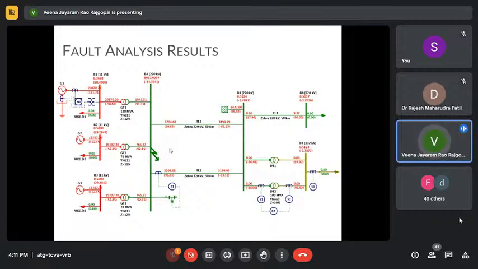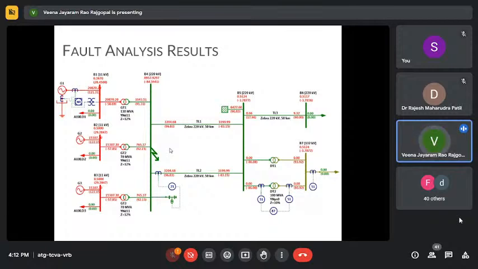Then you get a visualization like this, where it shows the flows in different parts of the system. When I'm showing fault calculation, I mean the short circuit study, I'll also show you. One is you create a fault on the bus and it gives the flows for that condition. The other one is, many times you know the fault current.